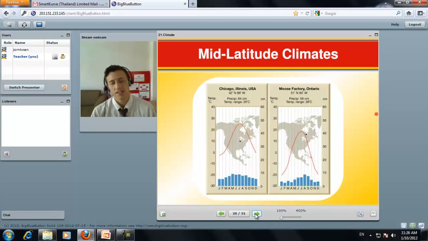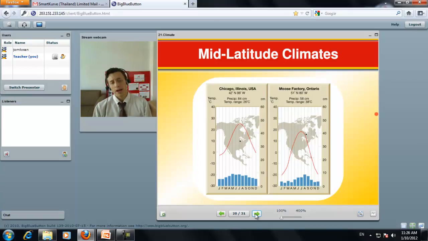compared to those cities on slide 18, we see a much bigger range in temperature. So notice, if a city like Guangzhou was in this range, these cities like Chicago and Moose Factory are going to be like this, with a much higher range in temperature. Also, notice there's much less change in precipitation.